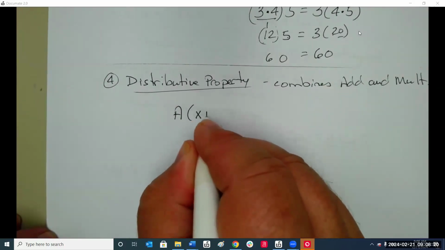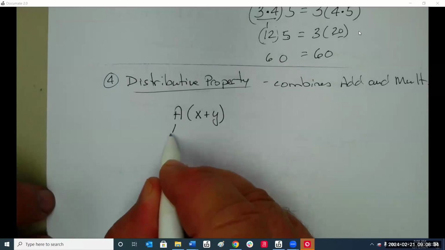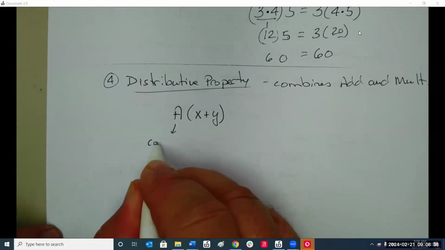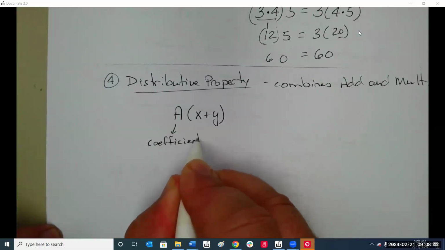So there's our example. The number out in front of a parenthesis or in front of a variable is called a coefficient.